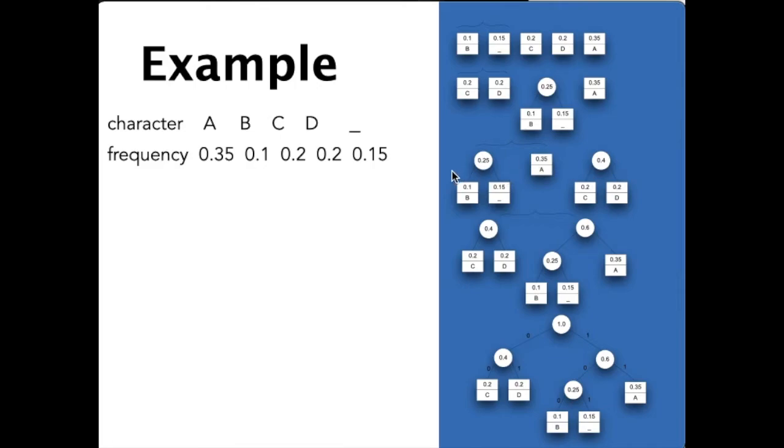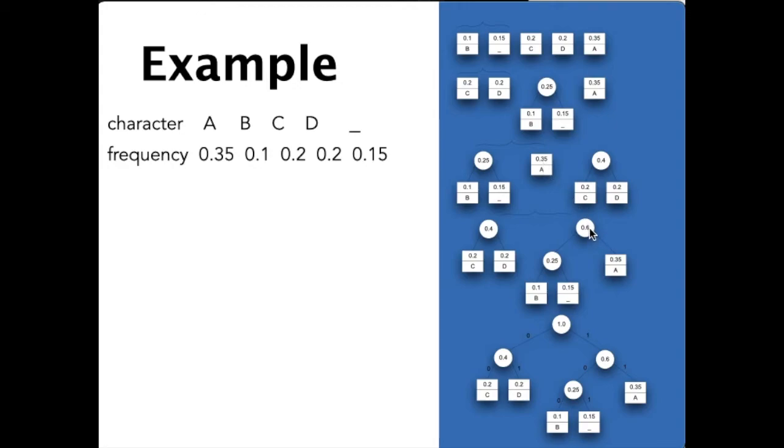If we rearrange this and compare the total frequency, we can have 0.25, 0.35, and 0.4. Since we have 0.25 and 0.35 to be the least two subtrees of this forest, then we need to combine both. Combining both, we have 0.25 plus 0.35 as an internal node, and that is equivalent to 0.6.